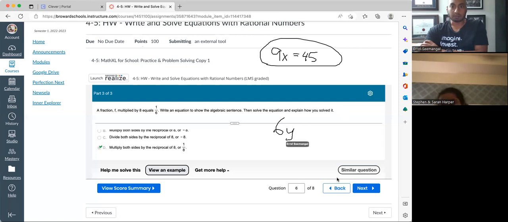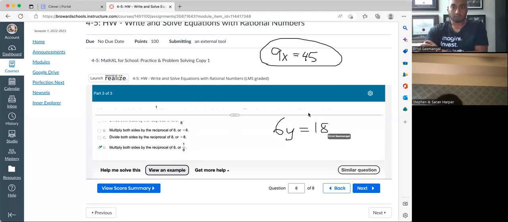6y equals 18. What's the coefficient? 6. So what are you going to do with the 6? Divide it by 18. Divided by 18 or divided by 6? Why are you using the 18?